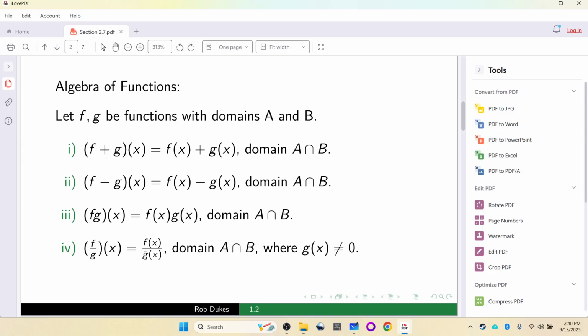So if you have a 0 denominator, you have to cut that out of the domain. So yeah, domain restrictions: whenever you combine functions, x has to be in the domain of both individual functions, and if there's a denominator, we have to make sure the denominator is not 0.